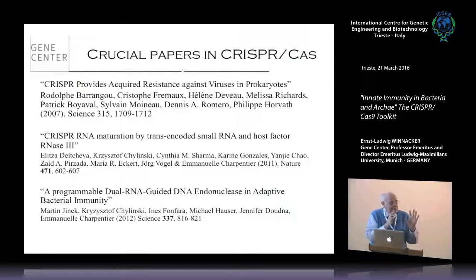Now the biology of this process, how these pieces of DNA get in there, is not known yet. People have not yet worked this out. So there's a lot of work to do. But it works, and that was found out by Rodolphe Barrangou in 2007, still at Danisco, this company whose yogurt you're all eating all the time, even today.